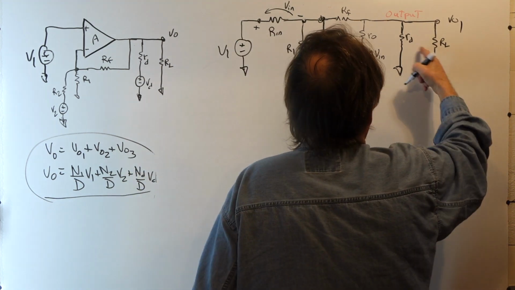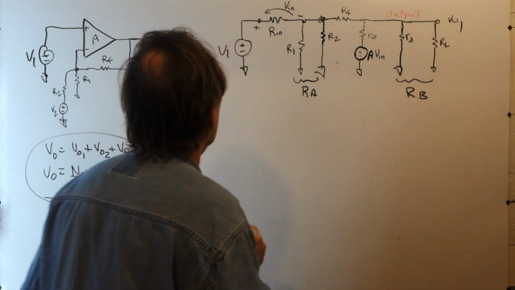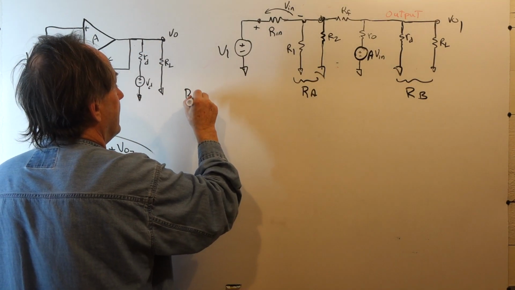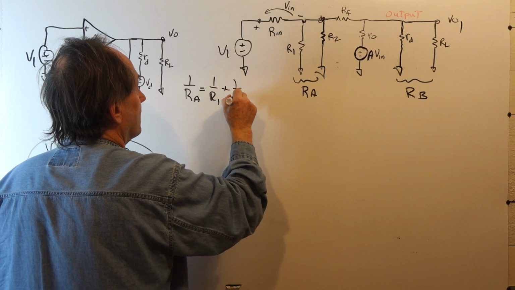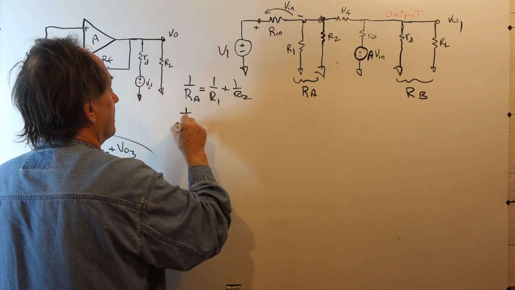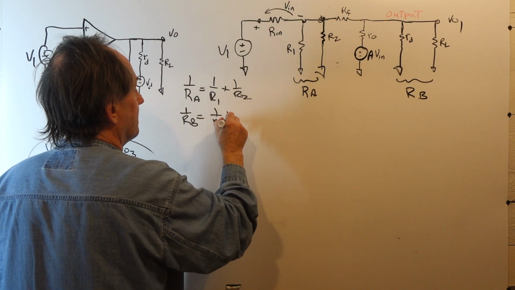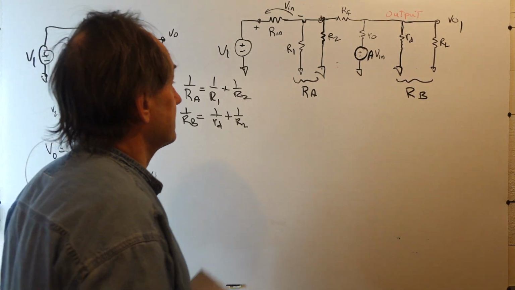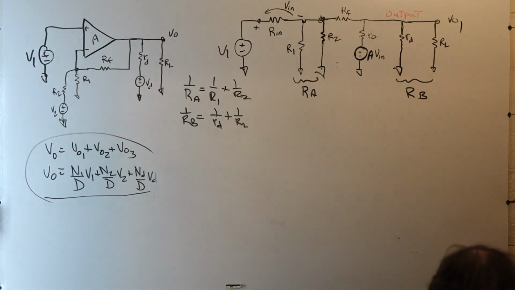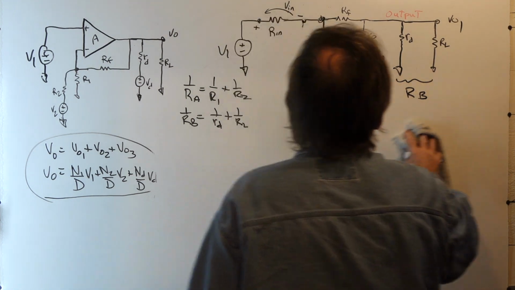And we have RD and RL in parallel, and I'm going to call that RB. So 1 over RA is 1 over R1 plus 1 over R2. 1 over RB is 1 over RD plus 1 over RL. We'll use that, and it'll simplify things.